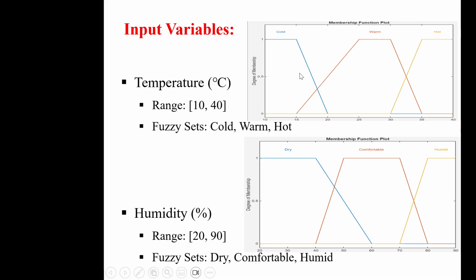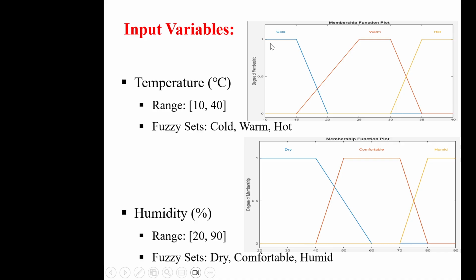That is, this is the temperature axis, which is giving us the physical value. We need to map it to give us a fuzzy value, which we call the degree of membership. And to do that, we need a membership function.